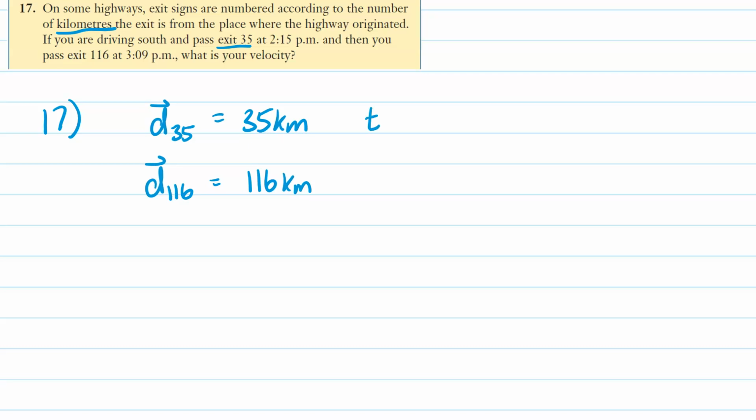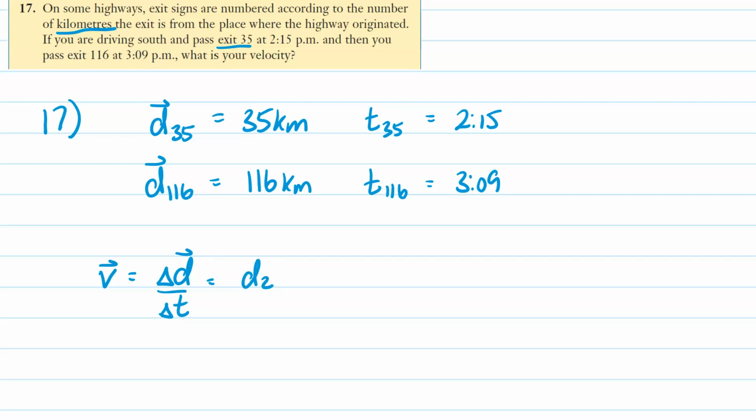The time at exit 35 is 2:15 p.m. and the time at exit 116 is 3:09 p.m. If we're asked for our velocity, displacement divided by time, then we take our final position at exit 116, subtract from that our initial position at exit 35, divided by the time at exit 116 minus the time at exit 35.